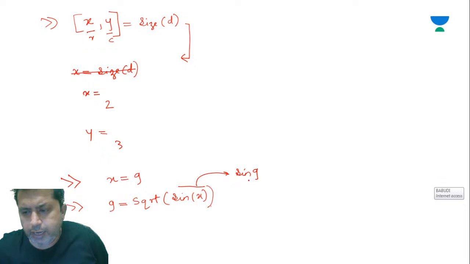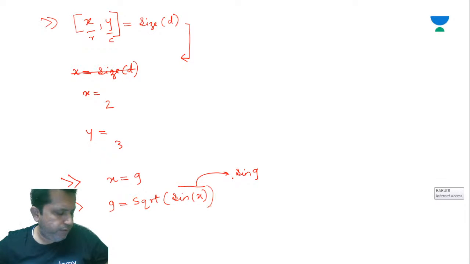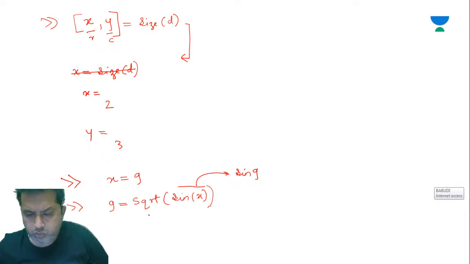Sine of x is sine 9. What is sine 9? I will use a calculator. Let us see what is sine 9. This is equal to 0.4121.